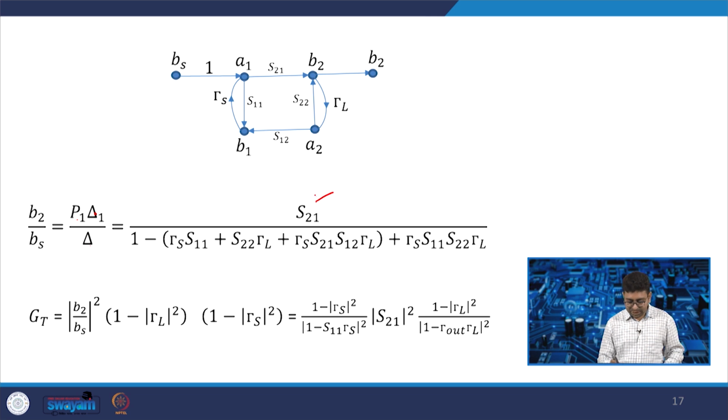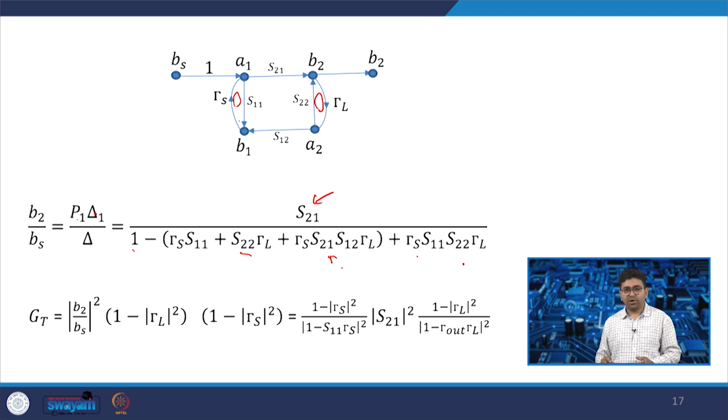So, that is S21 divided by 1 minus the first loop, gamma S S11, then the second loop, S22 gamma L, and the third loop, gamma S S21 gamma L S12. So, 1 minus gamma S S11 plus S22 gamma L plus gamma S S21 S12 gamma L, plus, because these two are non-touching loops, you multiply them: gamma S S11 and gamma L S22.